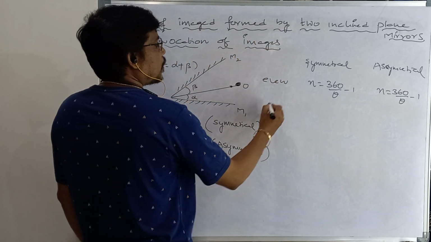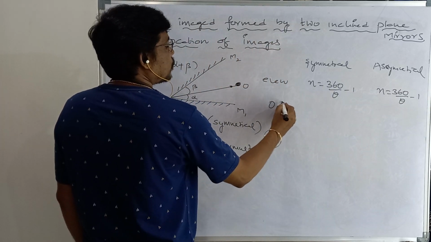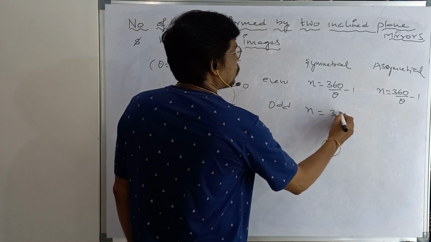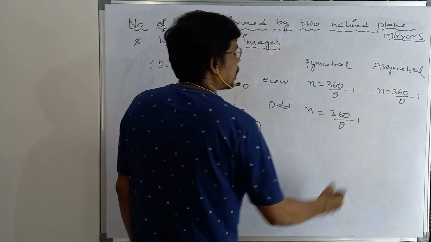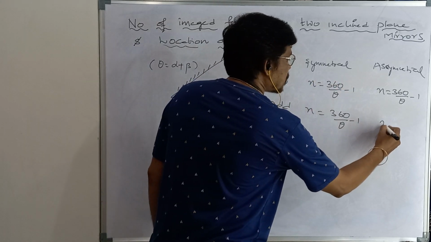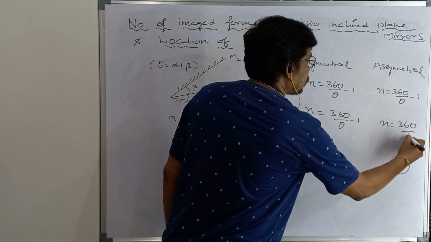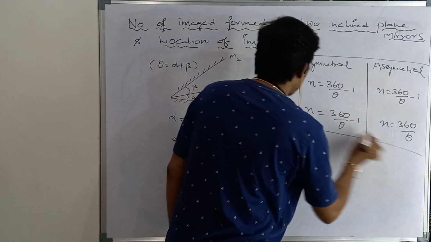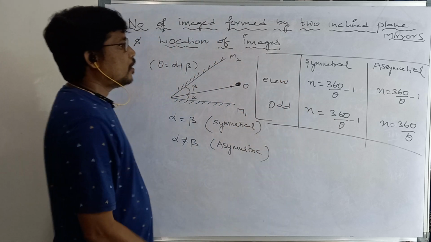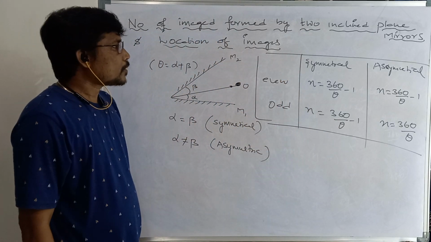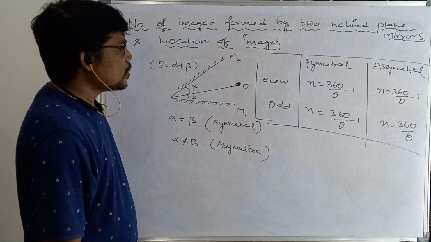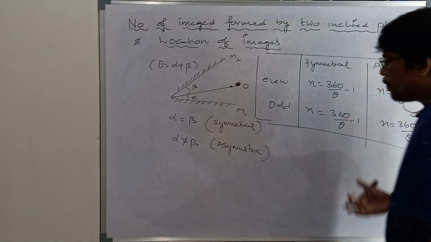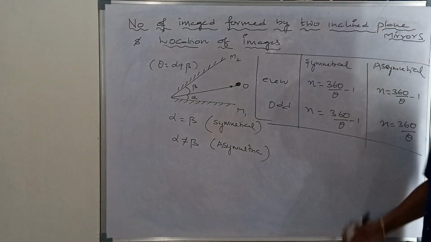If 360 by theta is odd, then n is equal to 360 by theta. This is the simple shortcut which we use to find the number of images in two inclined plane mirrors. We will discuss in detail how this formula is derived in this lecture.